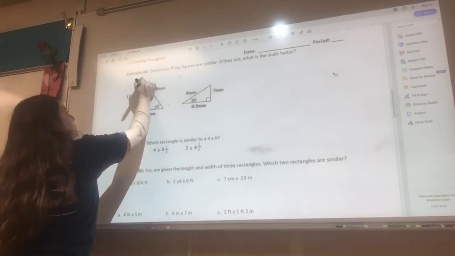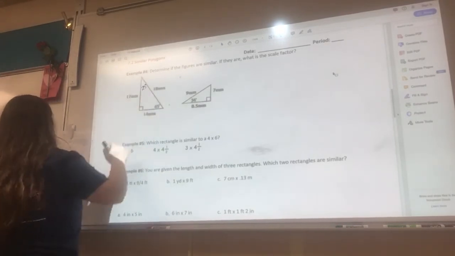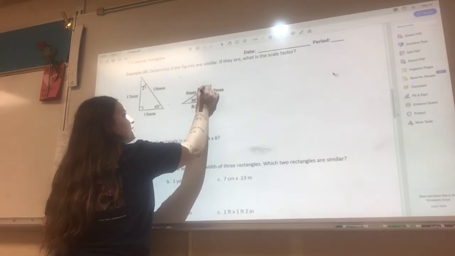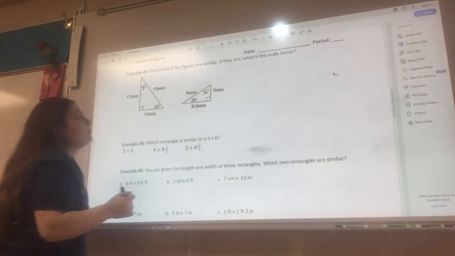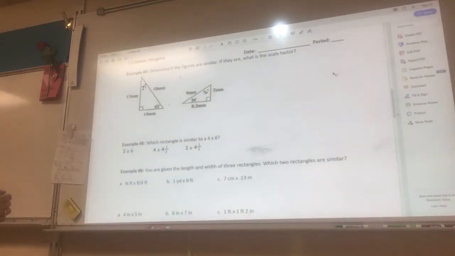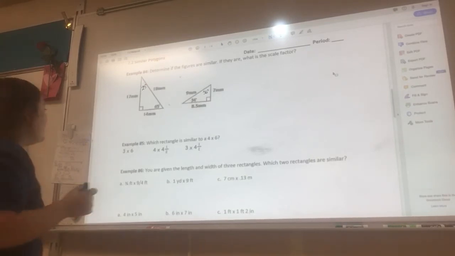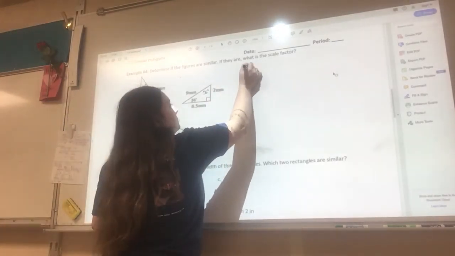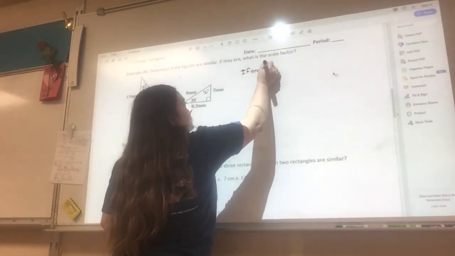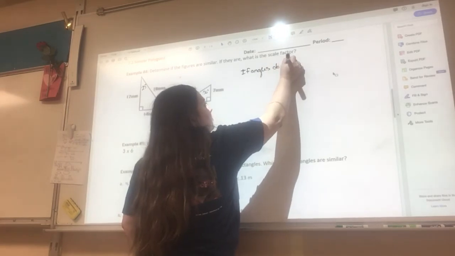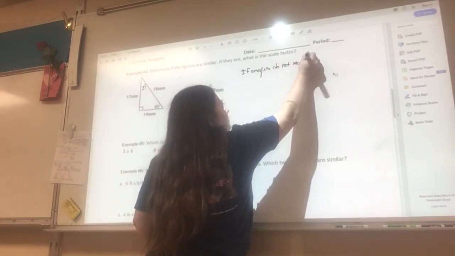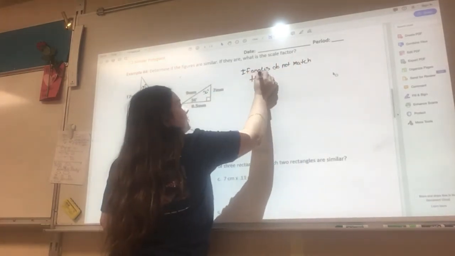This angle happens to be 25 degrees, and this angle happens to be 56 degrees. Interesting. Are the angles the same? Well, they're not. So if angles do not match, they are not similar.